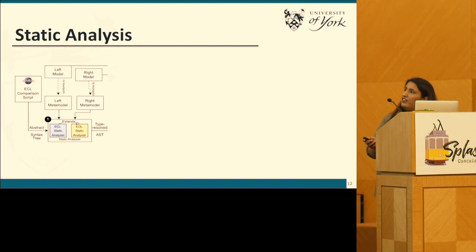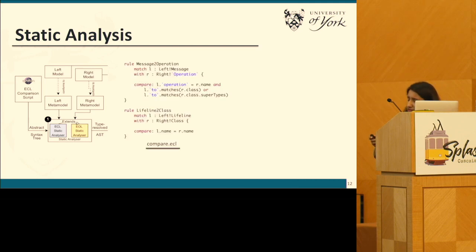Now we'll look at each block one by one, starting with the static analyzer block. This is the same program that I showed you in the motivating example. What the static analyzer basically does is compute types of the various constructs.